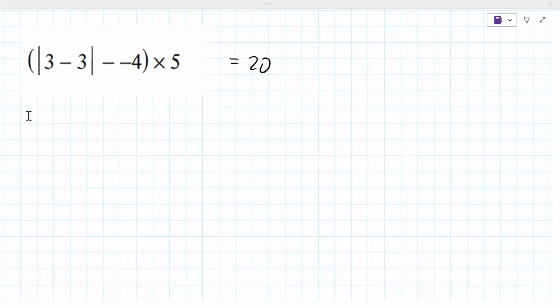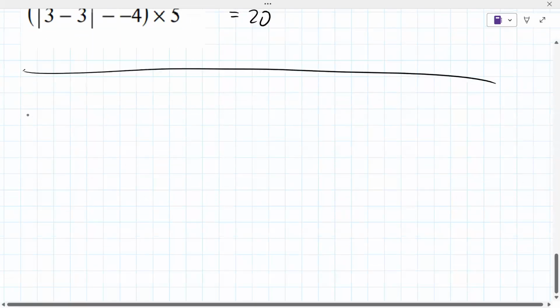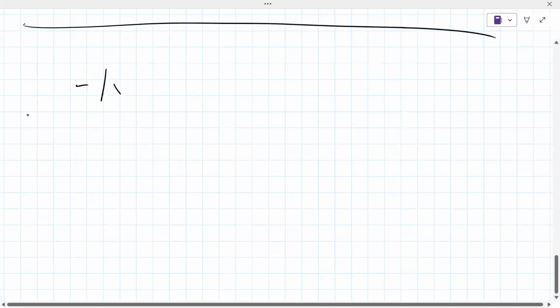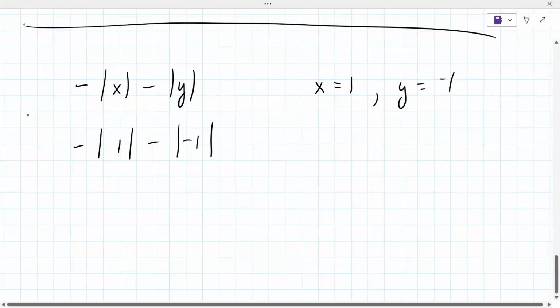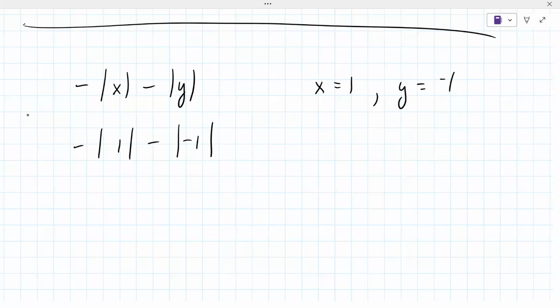It's the same type, but it'll be something like minus absolute value of x minus absolute value of y, and x equals 1 and y equals -1. And so you have to put those numbers into the equation here. That's the next step here. So you want to give this one a try, please?